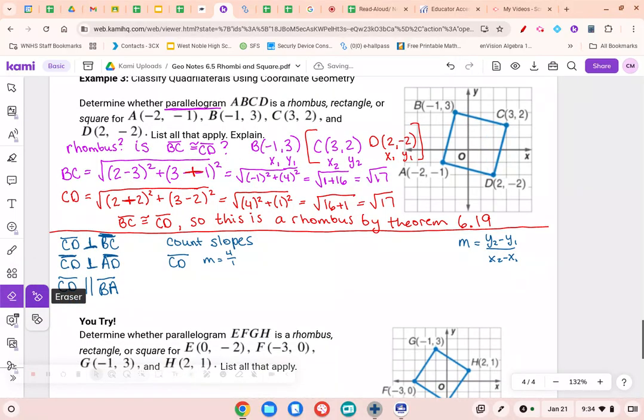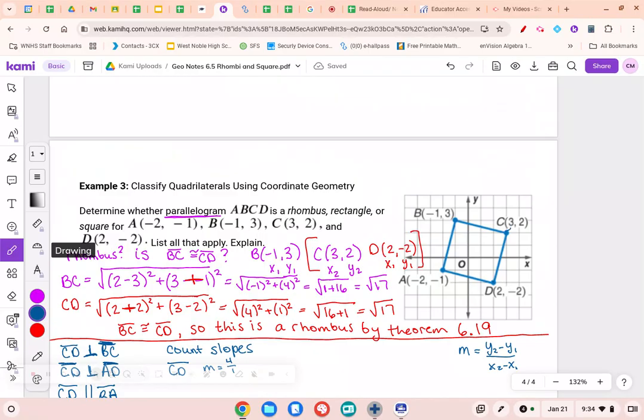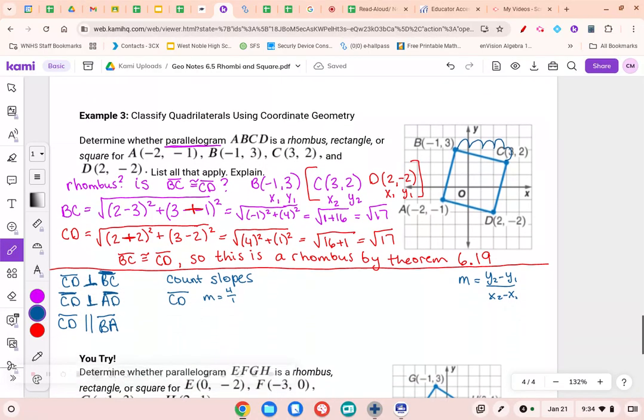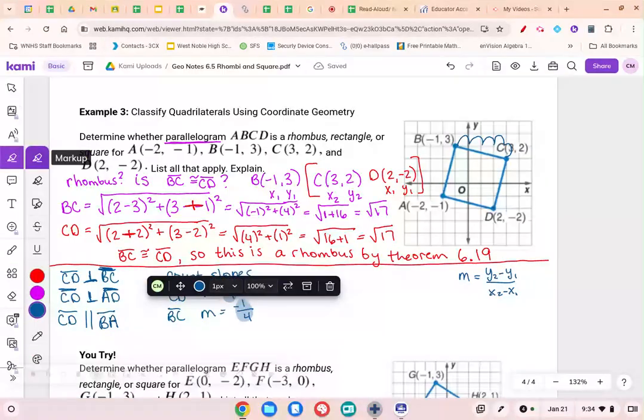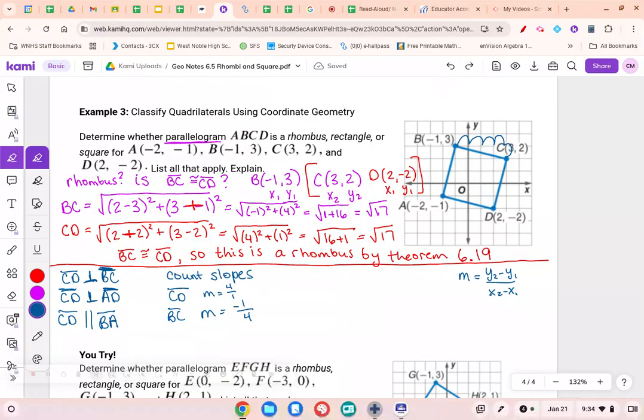Then I'm going to count the slope of BC. So from C, I rise 1, and I run left, 1, 2, 3, 4. So that is a -1/4 slope. So that checks out, guys. These are opposite reciprocals. You flip them, and you change the sign, and they are opposite reciprocals.